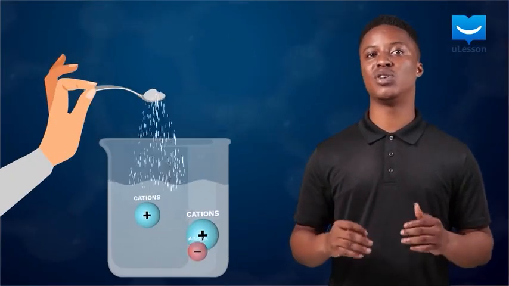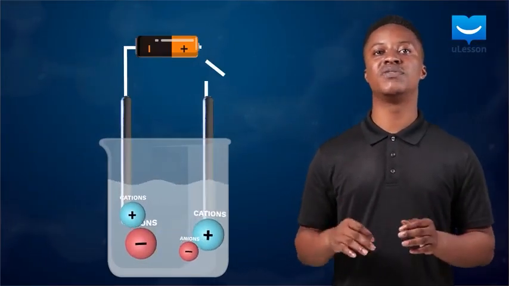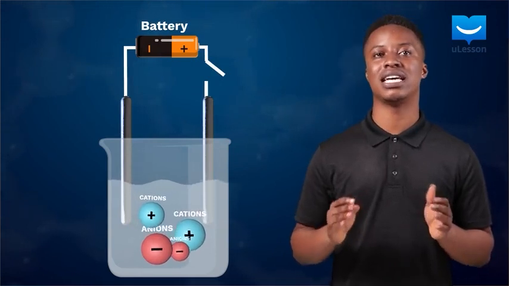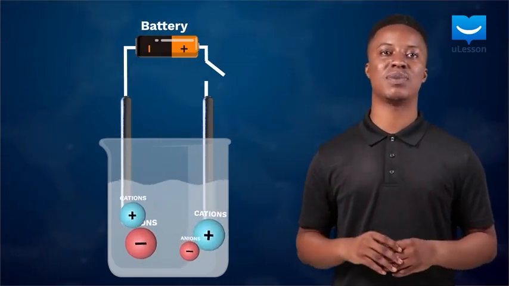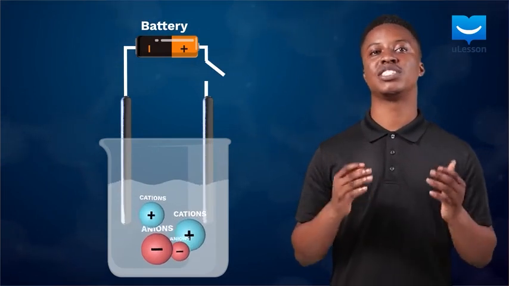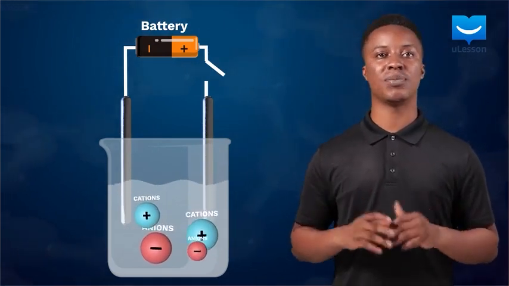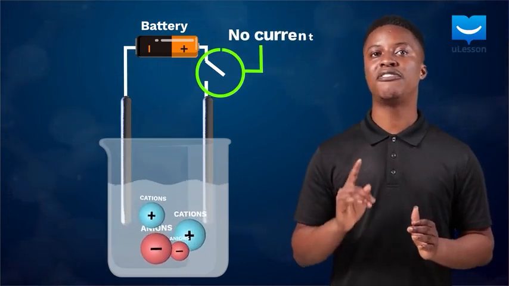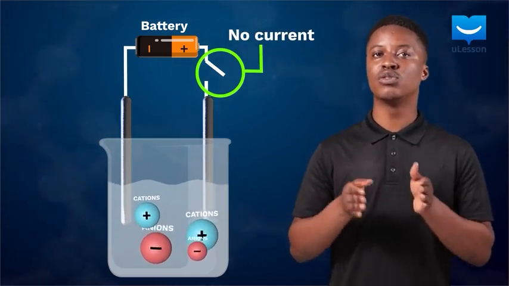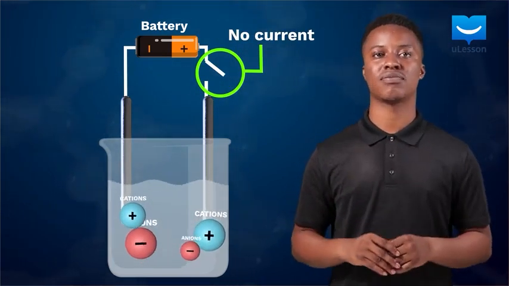As said earlier, when an electrolyte is dissolved in water, it dissolves into free moving positive and negative ions, which are known as cations and anions respectively. As shown in the electrolytic setup here, these ions move about randomly before electric current is passed through the solution of the electrolyte.